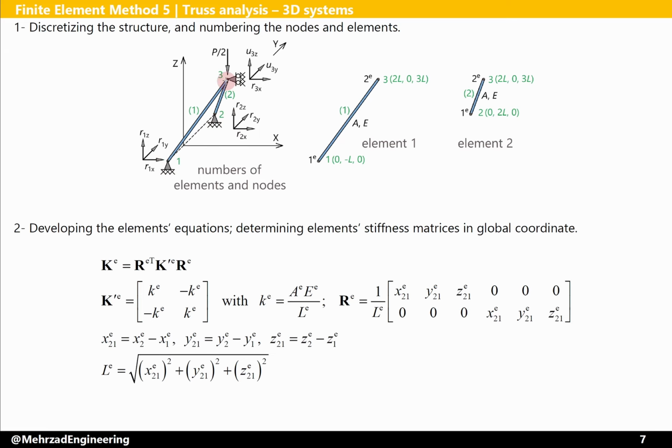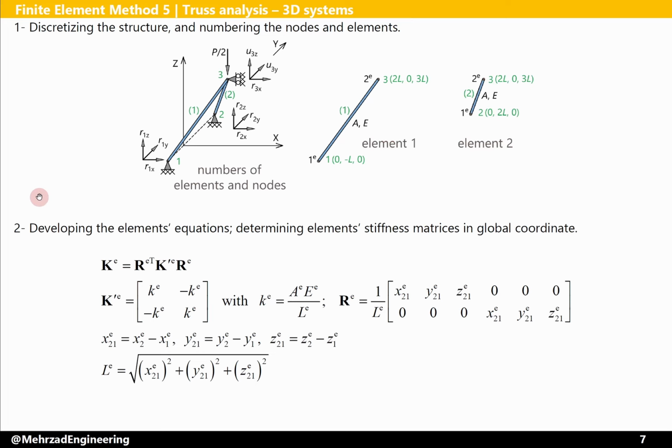I would like to mention that numbering nodes and element in the global level is completely arbitrary. Also, I determine the nodal coordinates based on the geometry, as you can see here. I have written beside the node numbers for element number 1 and element number 2.